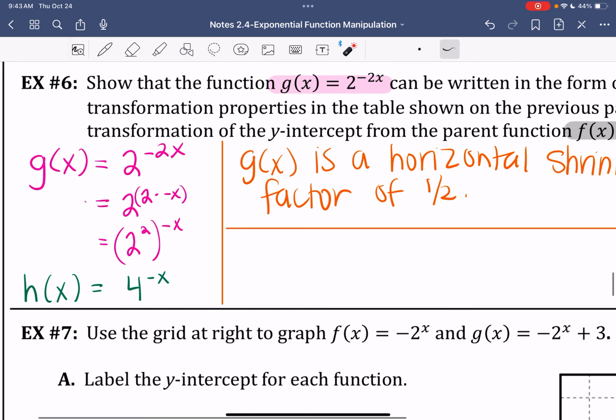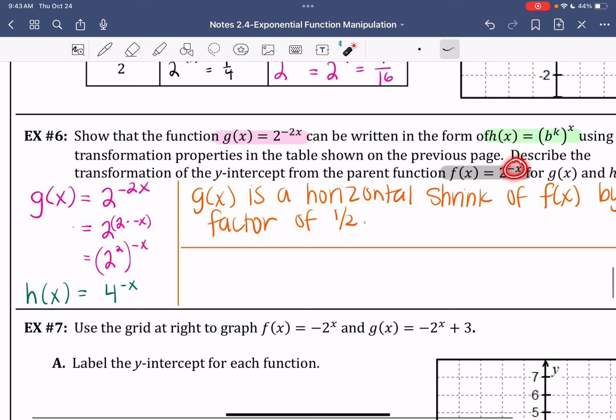Okay, but if you look at it in terms of h of x, well, here's negative x, here's negative x. That's the same. The thing that changed here is the 2. It's now a 4. So what that means is it doesn't even have the same base anymore.